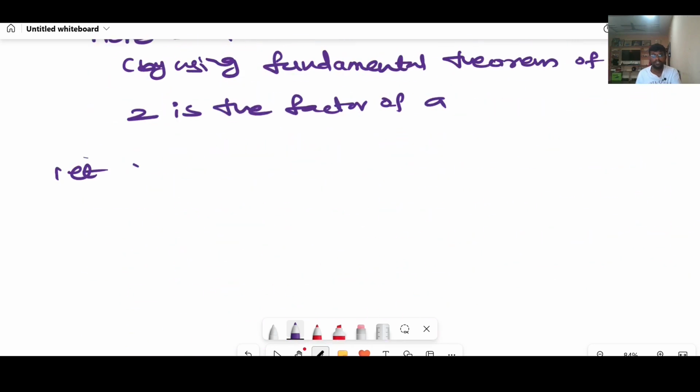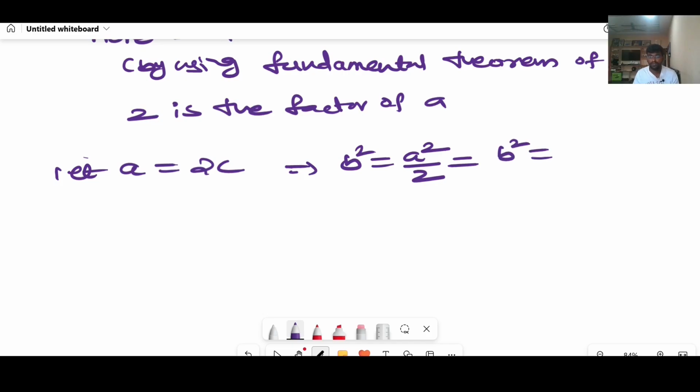let a equal to 2c. I will explain why I am assuming a equal to 2c. Right, we know that 2 b square equal to a square, so b square equal to a square by 2, right? And then taking 2c instead of a, b square will be 2c whole square by 2, right? b square can be 4c square by 2.